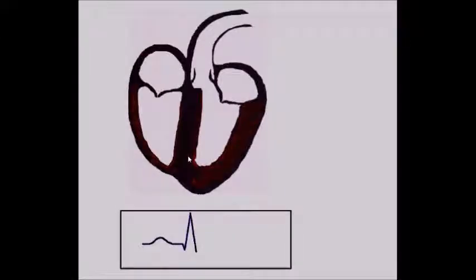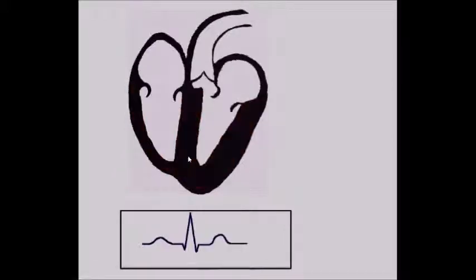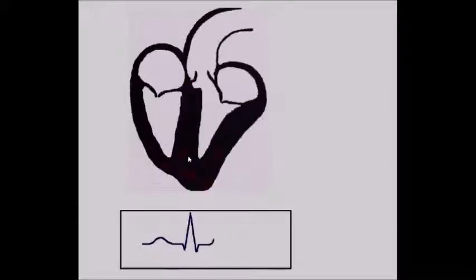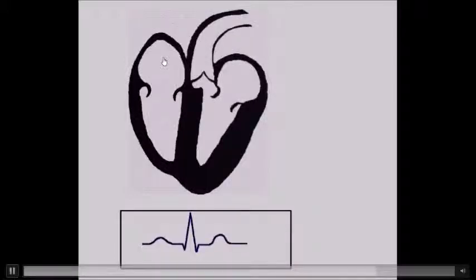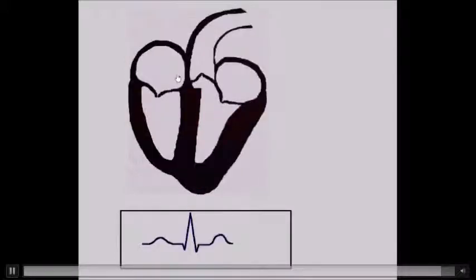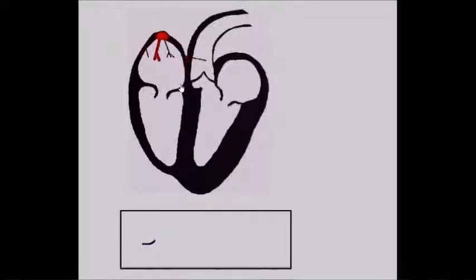If you look here at an animation of the heart, which I recorded from Wikipedia, it's really beautiful. It shows the electrical signal starting at the sinoatrial node, and then sodium is released. As soon as sodium is released and the cell is activated, there's a rush of calcium ions into the cells, which causes the contraction of the heart.